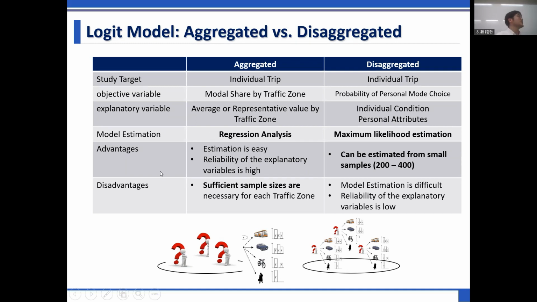And one of the advantages of the disaggregated models is that it can be estimated from small samples, which will be limited to 200 to 400 samples. However, the model estimation is a little bit difficult, and the reliability of the explanatory variables is relatively low compared with the aggregated one. And in this project, the modal split model will be conducted by the disaggregated logit model.